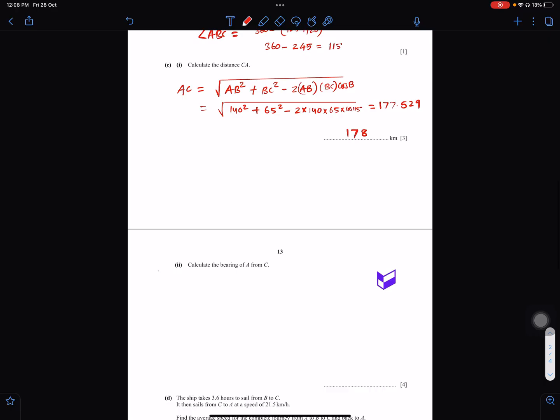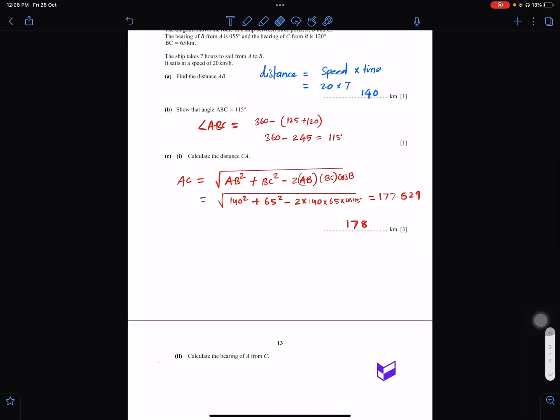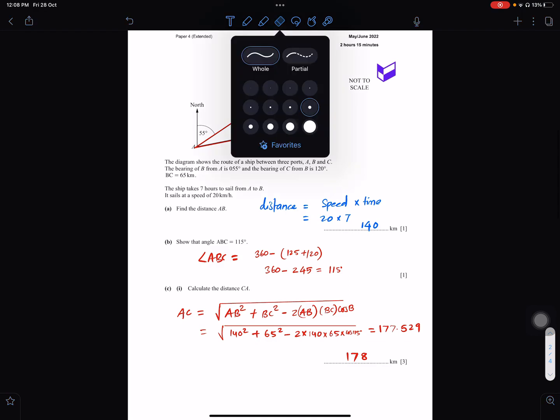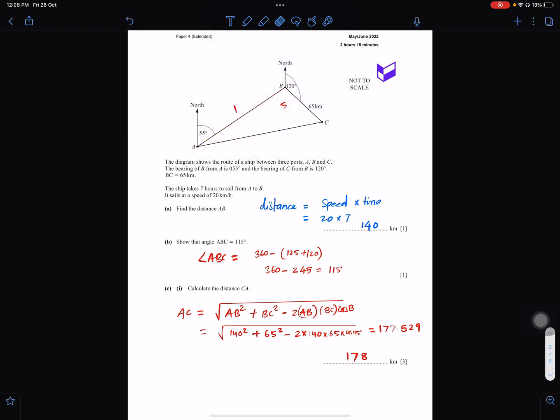Perfect. Going ahead, calculate the bearing of A from C, and that is a 4 marker. Let me copy the diagram here so that we can see it better.